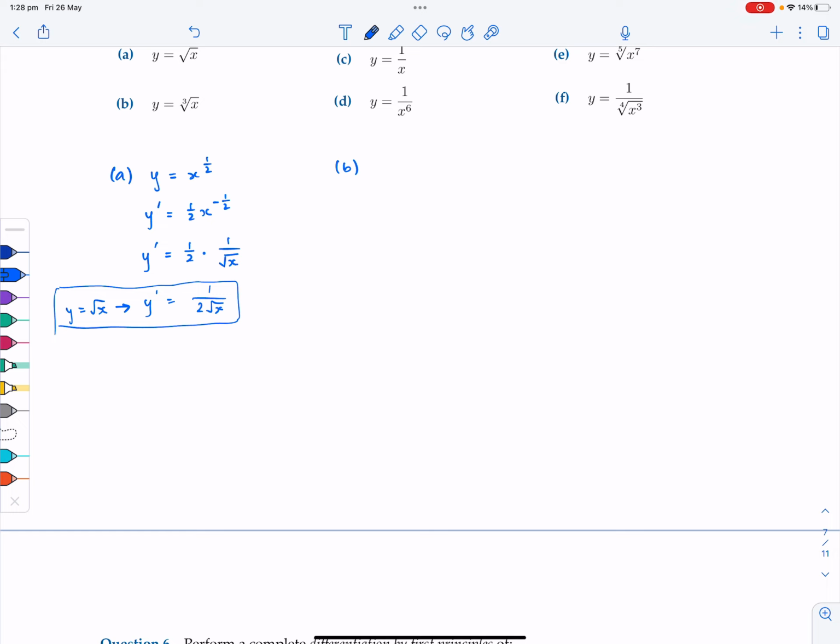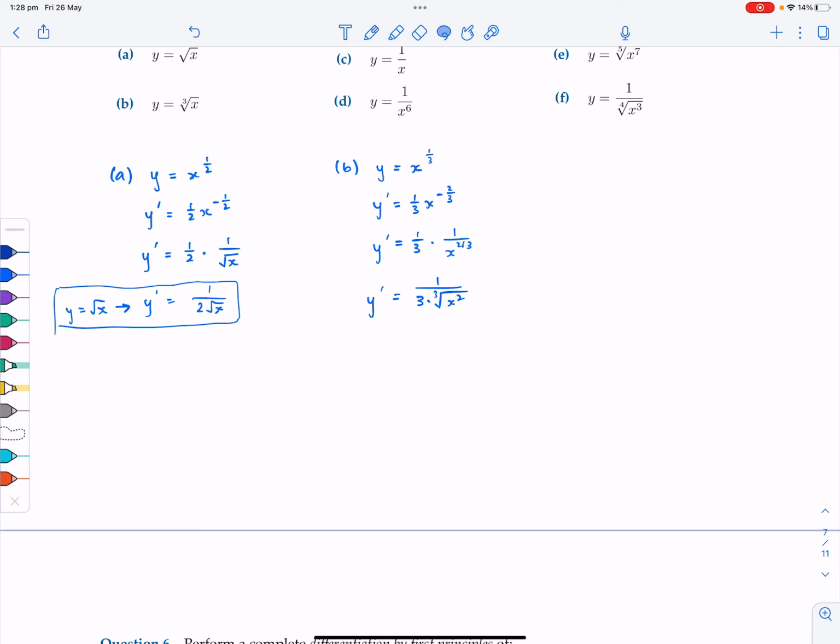Okay, b. So we've got y equals cube root of x. Well, that can be written y equals x to the 1/3. So y dash is 1/3 x to the power of, and then we've got to subtract 1 from a third. We get negative 2/3. So y dash is 1/3 times 1 over x to the 2/3, or y dash is 1 over 3 times the cube root of x squared.